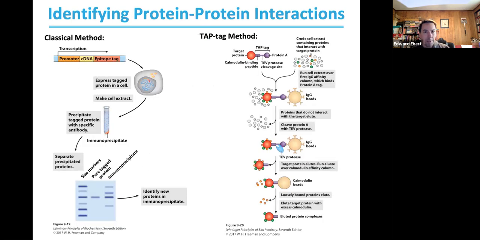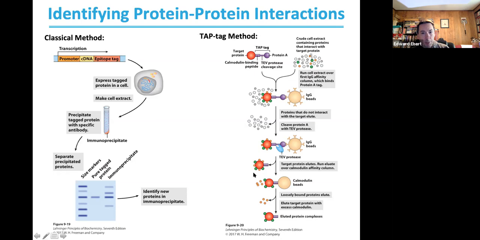Okay, so our classical method is something like this. Pull down here, we get our pure tag protein and our immunoprecipitate. These will be things that are associated with that. Our TAP tag, we have, by virtue of, again, our promoter, our cDNA, and our tag in here, this TAP protein in here. So we can see that we can pull down a very nice gentle isolation in here, and then we can cleave off part of this tag here as well.